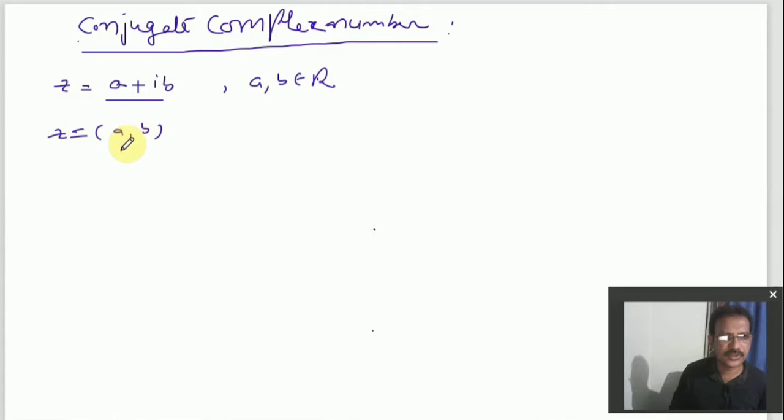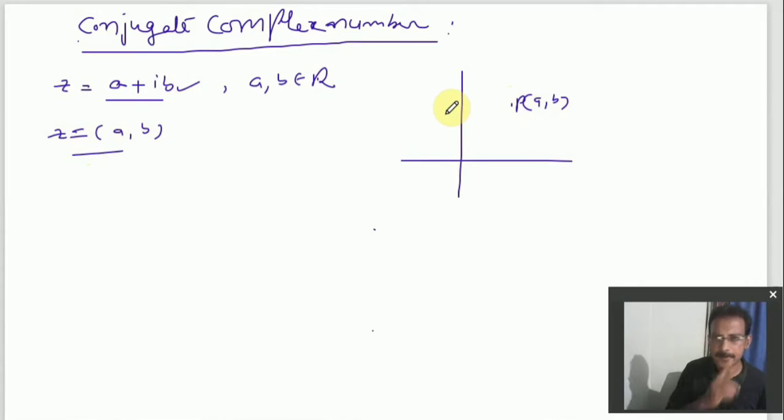If P (a, b) is the corresponding point of z in the Argand plane, then to find its conjugate you have to take its reflection with respect to the x-axis. Then you get a comma minus b.